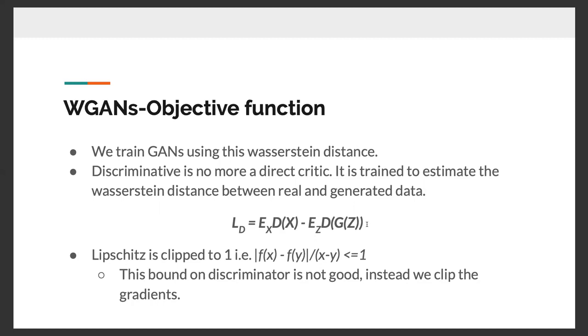And again, the Lipschitz constant is clipped to 1, and this formula gives how we calculate the Lipschitz constant. But this clipping on the discriminator is not very good. This is just some empirical stuff. So instead, we clip the gradients.